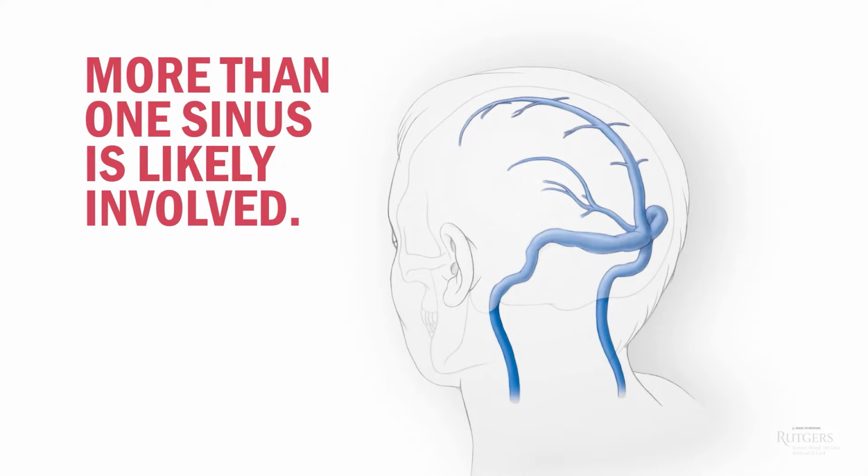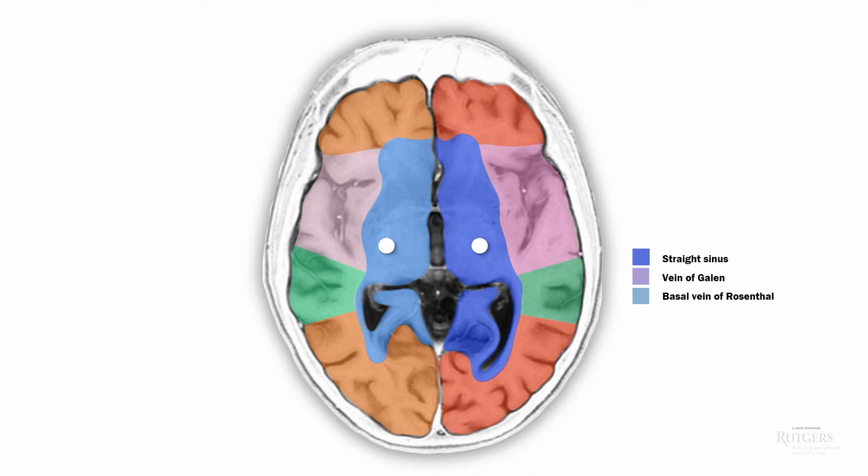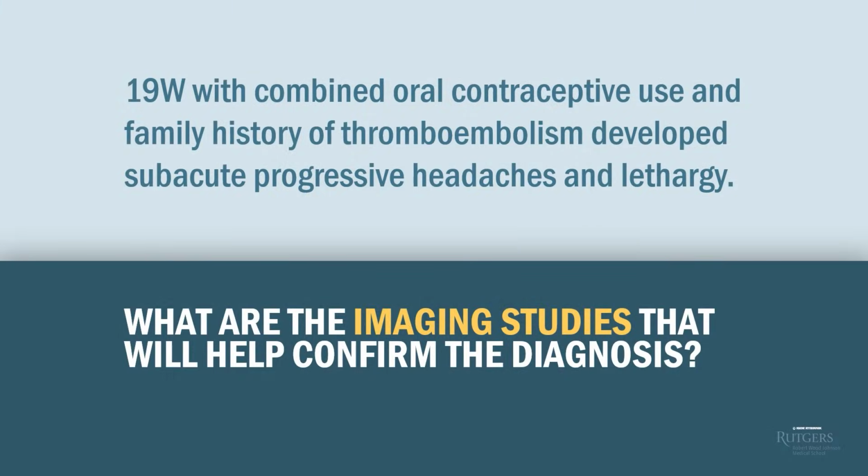More than one sinus is likely involved. Okay, that was a bit of a trick question, but considering her lethargy, the straight sinus and the deep draining system is probably involved. What imaging studies will help confirm the diagnosis?